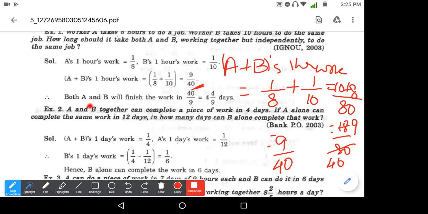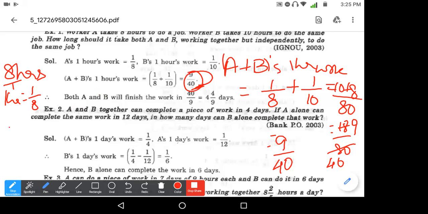Now let us find out how many days or how much time they will take to complete the job. This was for 1 hour. Right? Now what we will do? If A was able to finish the job in 8 hours, for 1 hour we took it as 1 by 8, right? So before it was 8 by 1. So now reverse this fraction.